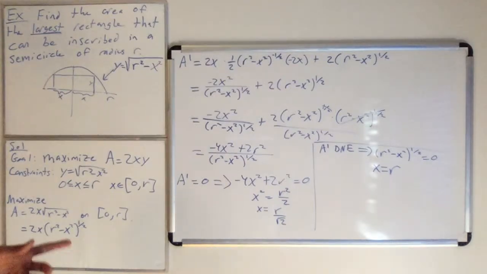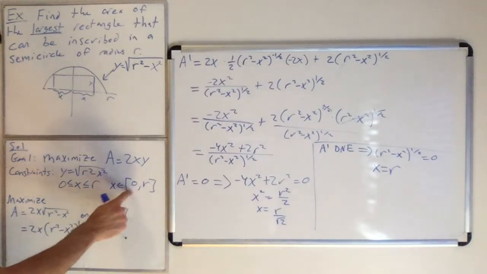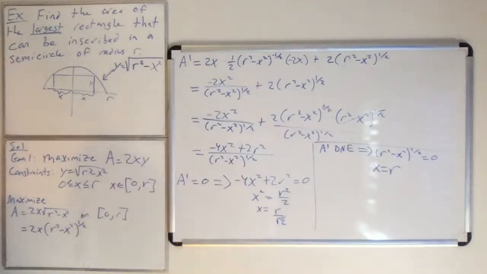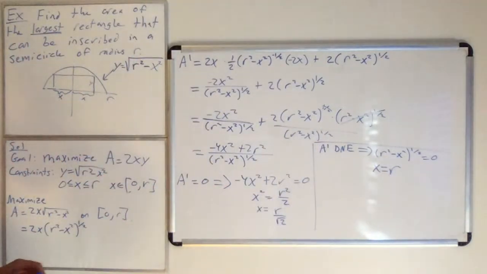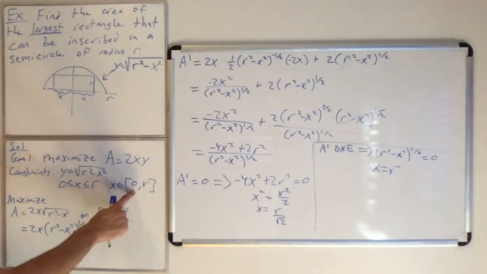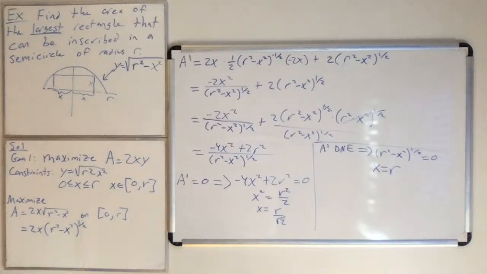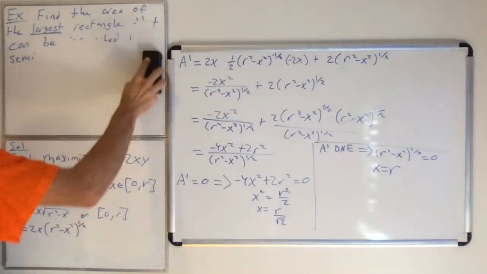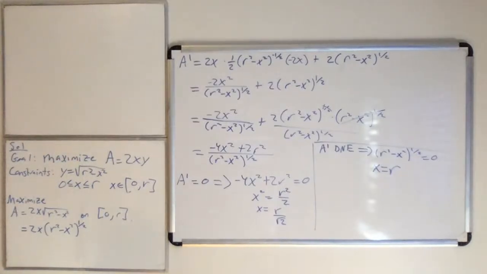Okay, and so now what we have to do is just evaluate our function at both endpoints and all of our critical numbers. Well, one of our endpoints is a critical number, so we just have to evaluate our function at 0, r over root 2, and r. Okay, and so while I'm doing this, please ask any questions you may have.